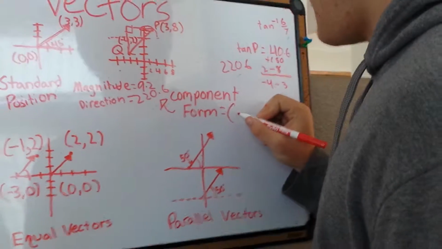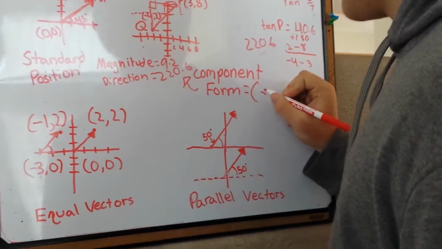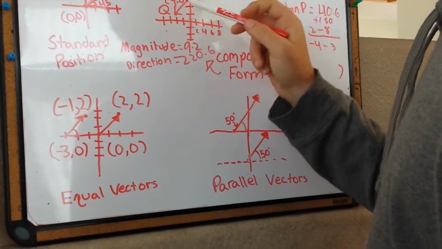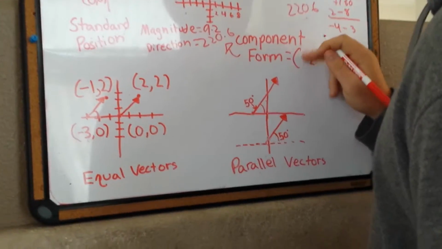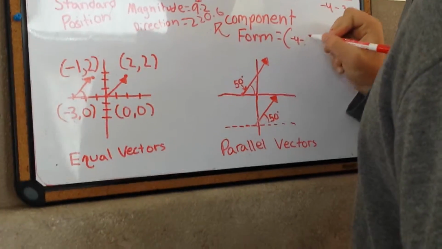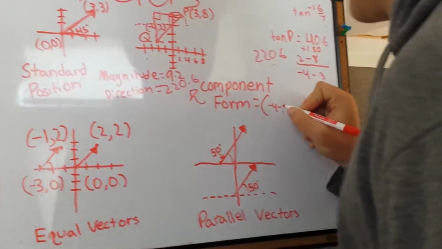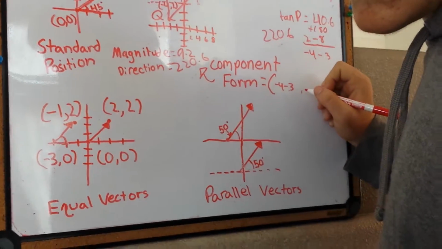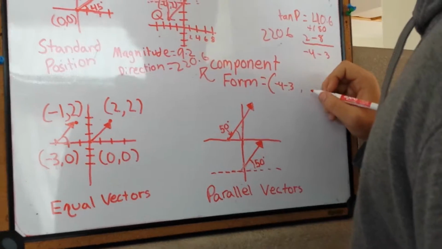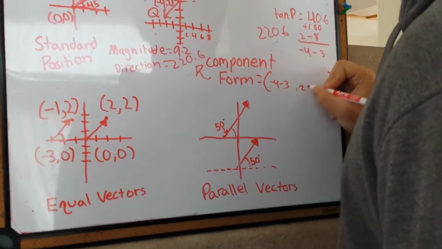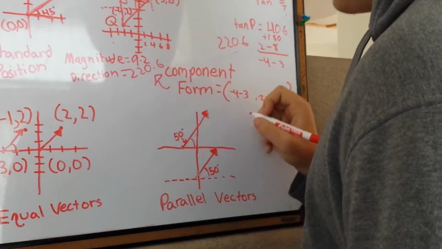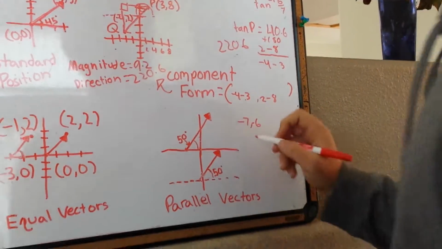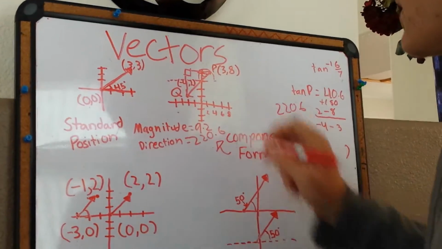So let's do x2, or in this case, negative 4, minus x1, which is 3, and then y2, which is 2 minus 8. So then you get negative 7, negative 6, and that is the component form of this vector.